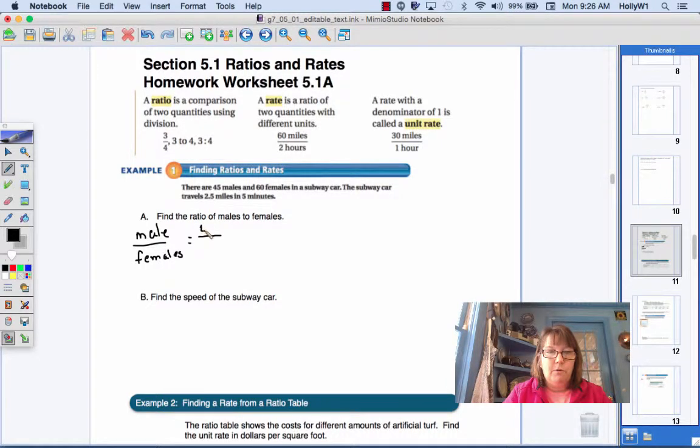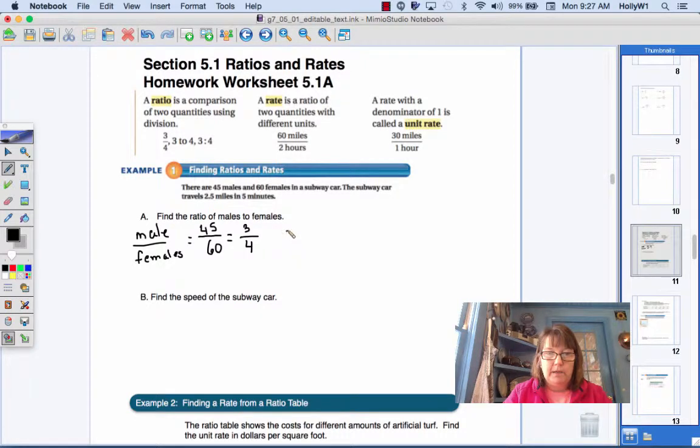So there are 45 males and 60 females, and ratios you always simplify. We divide both sides by 15 and we get down to 3/4, or 3 males for every 4 females on the subway car.